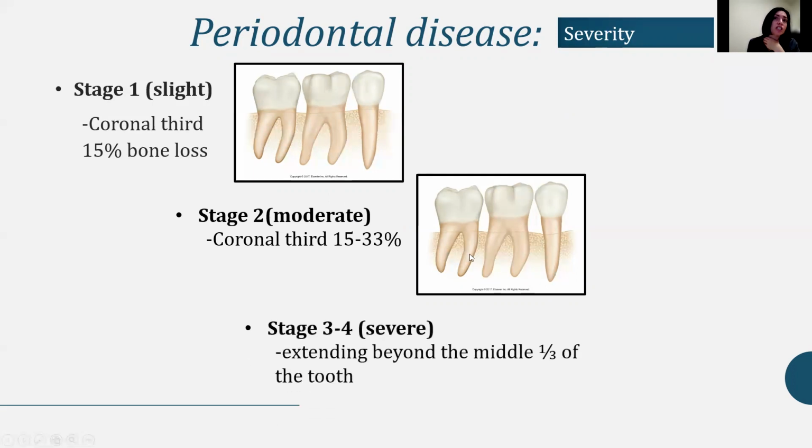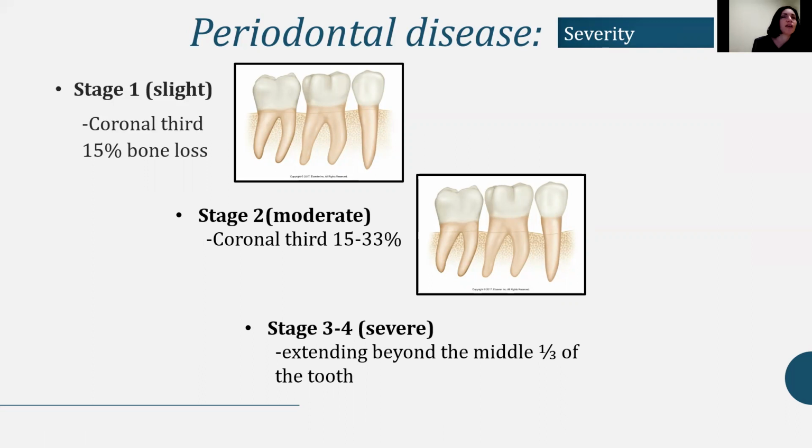And then stages 3 and 4, you really have a hard time determining between 3 and 4 from just looking at radiographs. You really need to see the bleeding, the perio chart, and the furcation involvement. There are many other things you need to see besides just a radiograph, so a lot of times we just say 3, 4. It's kind of hard to tell unless you can see that the bone has dropped down close to the apex.